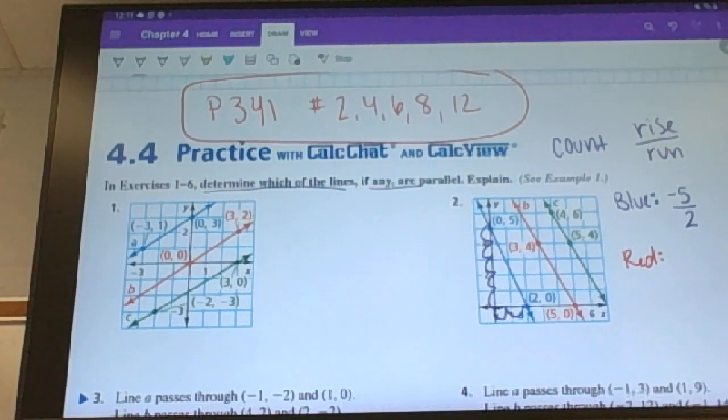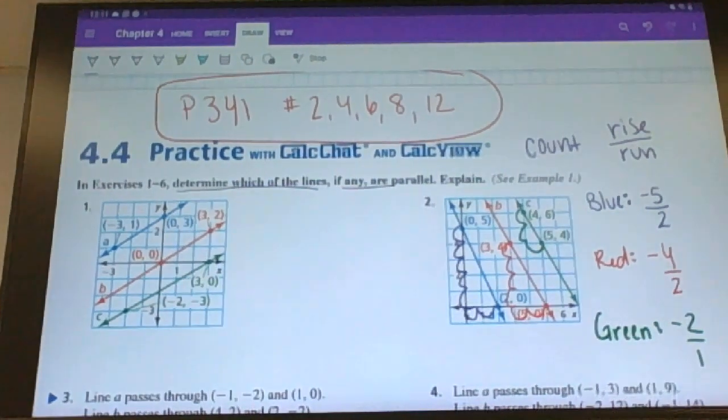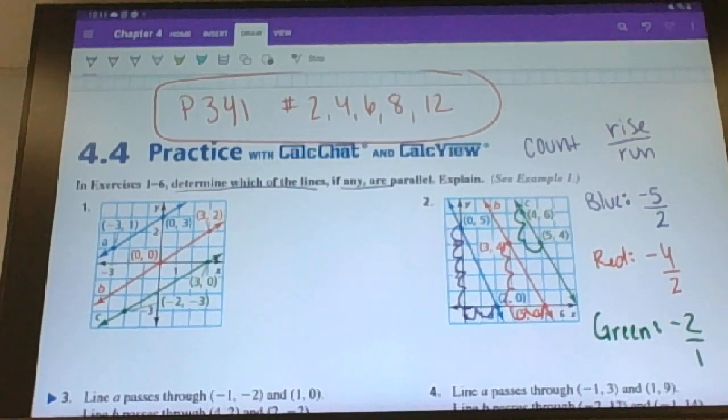Red: down 4, right 2. Green: down 2, right 1. Sure enough, I think my eyes were playing tricks on me. If I was just rushing through this, I'd say, yep, all 3 are parallel.